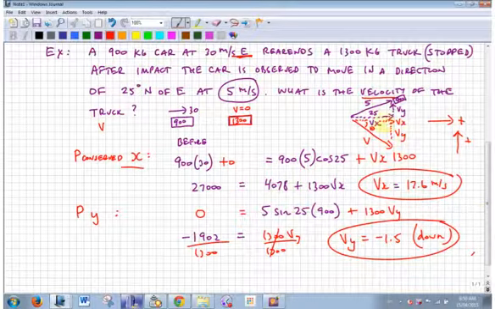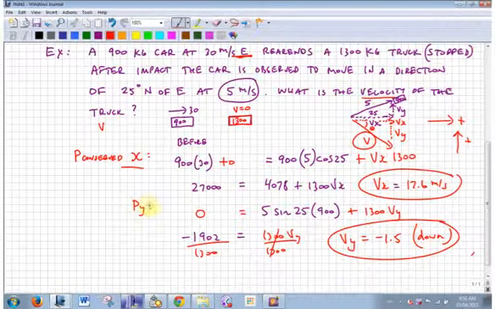Okay, so now I got Vx, I got Vy, I can find V. Let's go over here. I just kind of want to try to keep this on one page. So, part 2, if you will, I got Vx, that's positive 17.6, so that's that way. I got Vy, that's negative 1.5, that's down.